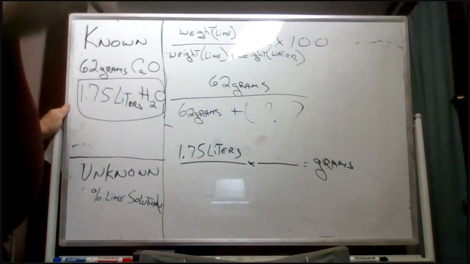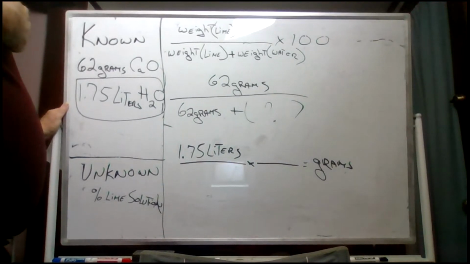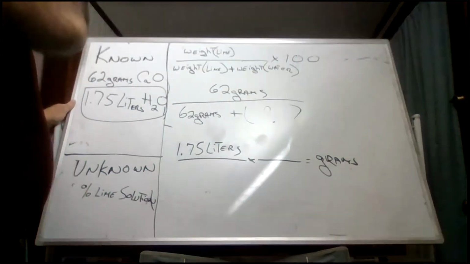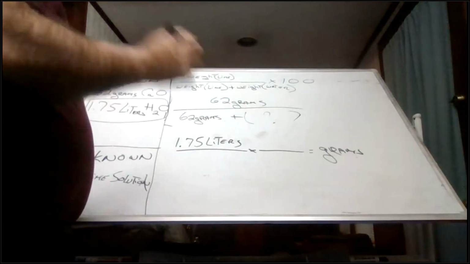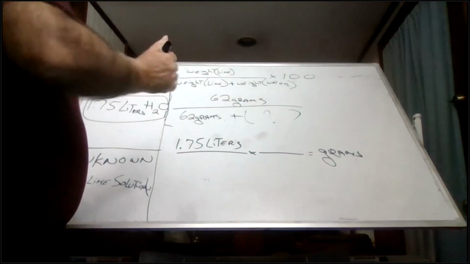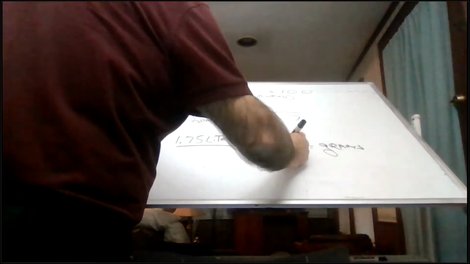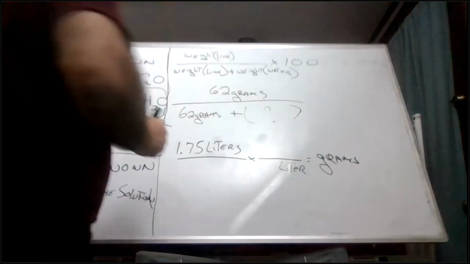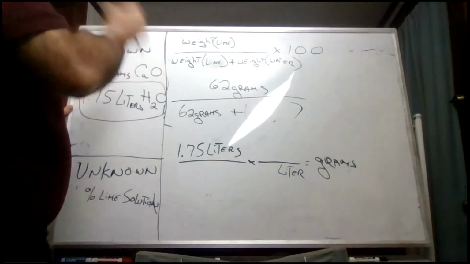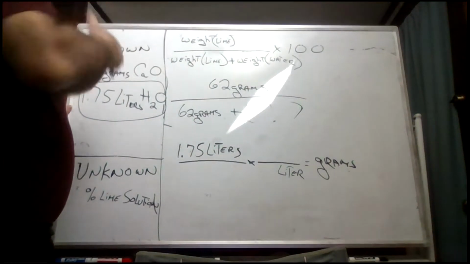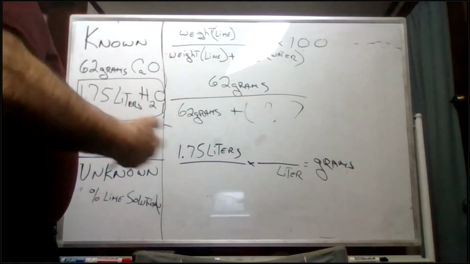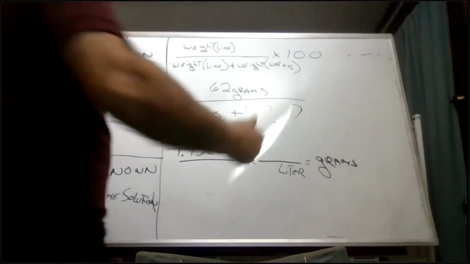So you're going to be left with grams, not graham crackers, but grams as a weight. When you do this, you want to get the same stuff opposite each other in the equation. You catch that? And then it'll tell you what to do. So I already just said it, 1,000 grams equals 1 liter of water.